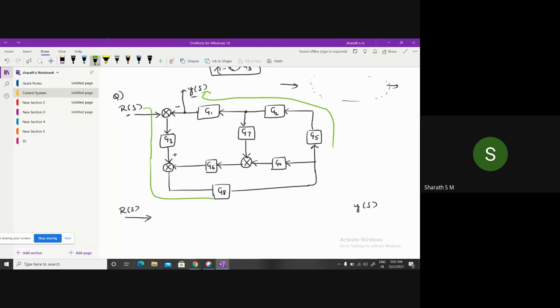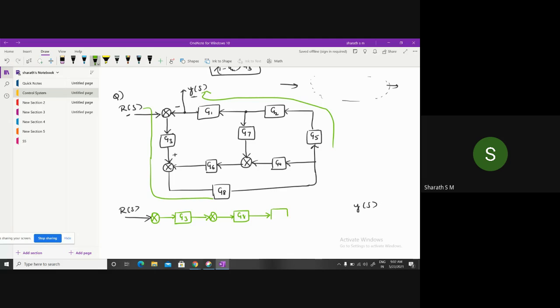So initially R of S, and then we have a summation point. Afterwards, that moves to G3. So just write down the G3 part here. Afterwards, we have one more summation point, and then we have G8. So write down G8. After G8, we have G5.